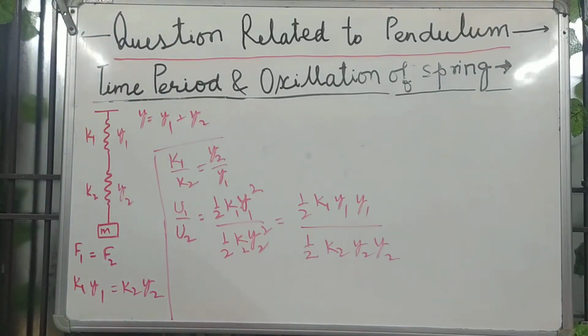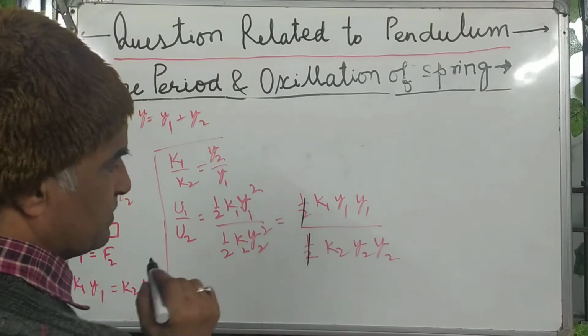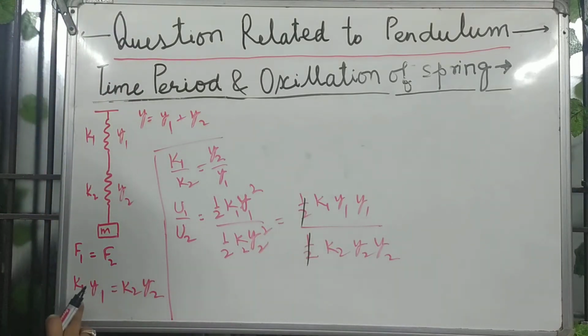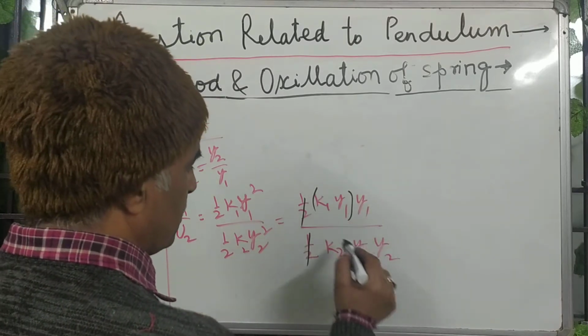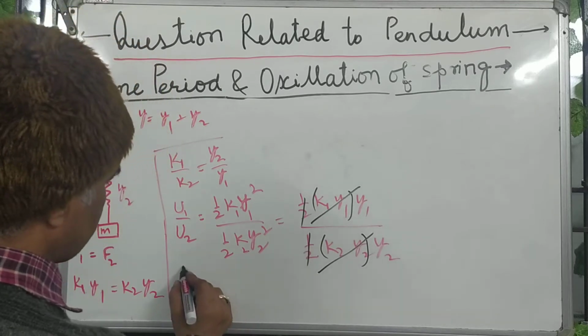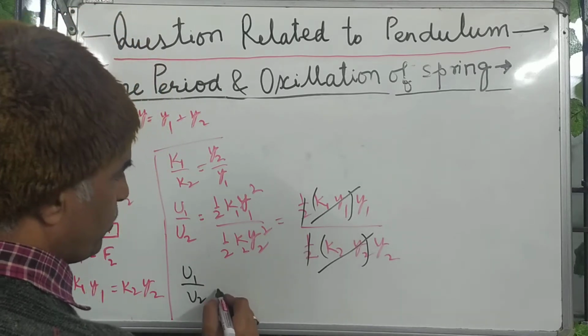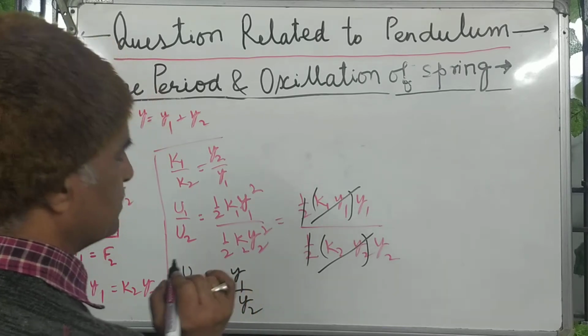So further you must know, half and half cancel, and k1 y1 equals k2 y2. This value and this value are the same. So this implies u1 upon u2 is equal to y1 upon y2.